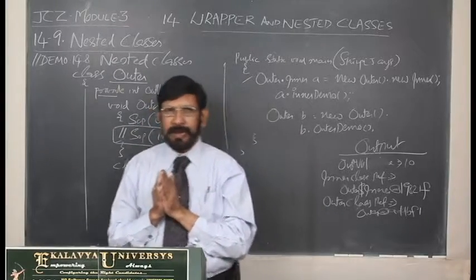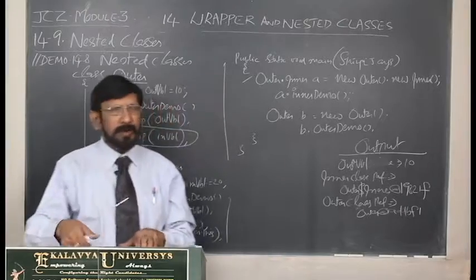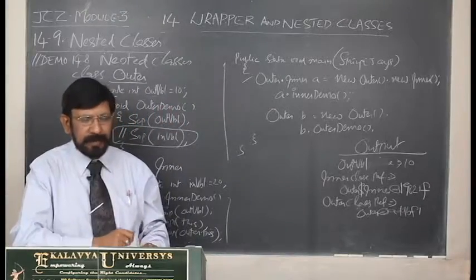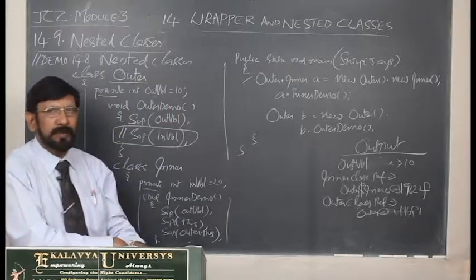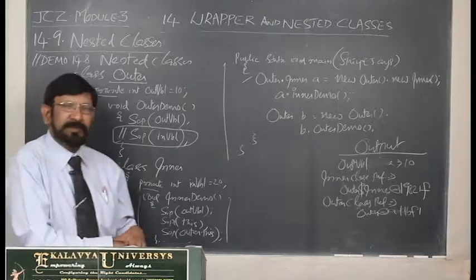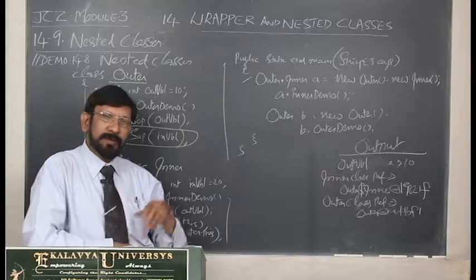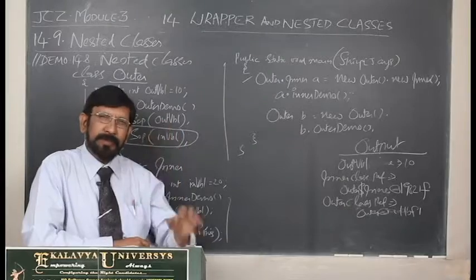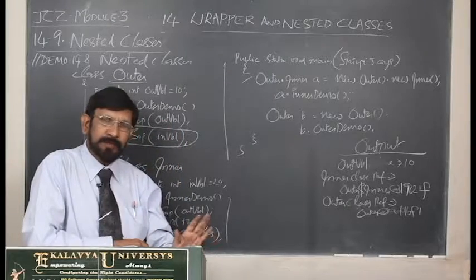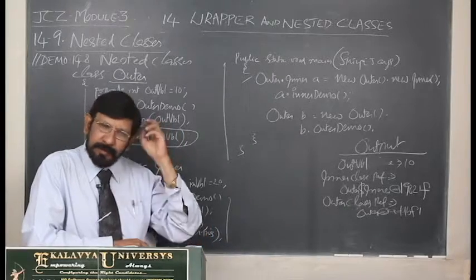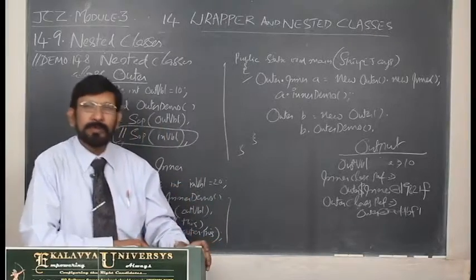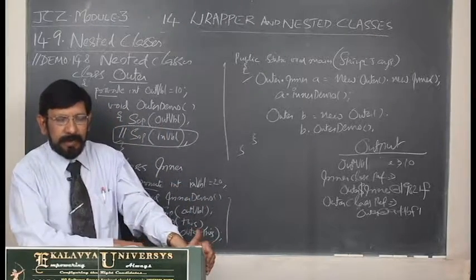Finally, what are the advantages of creating inner classes? We have to learn. The first thing is integrity. Already I told you, always remember that college canteen example. You can practically understand it. So, that integrity is very much required.